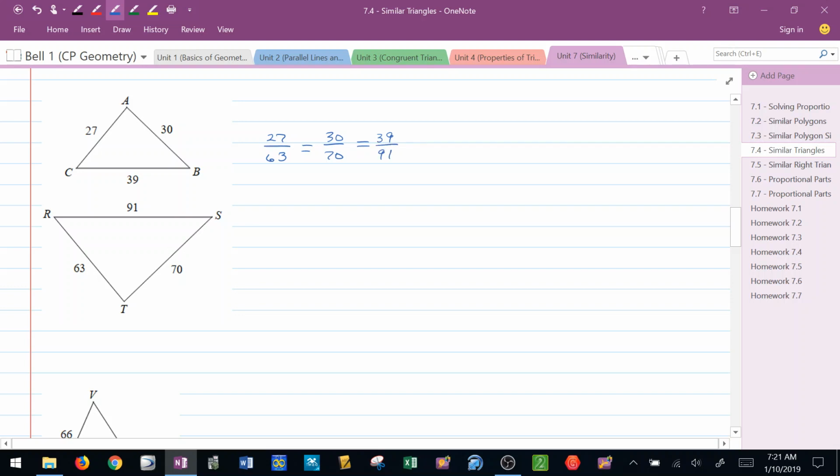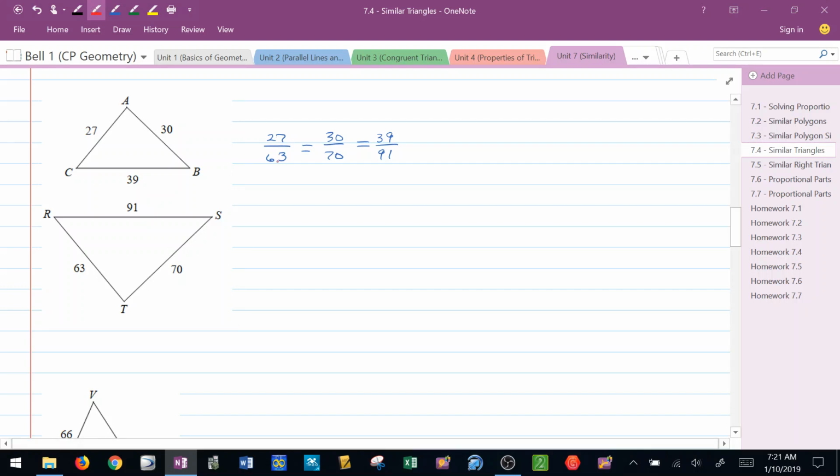Now, from here, I have a couple of different options. Option number one is I can simplify each of the fractions. If I simplify each of the fractions, they should all simplify to be exactly the same thing. Option number two would be to cross multiply, doing two ratios at a time, so in other words, the proportions that we're used to. I'm going to choose to simplify each of these fractions.